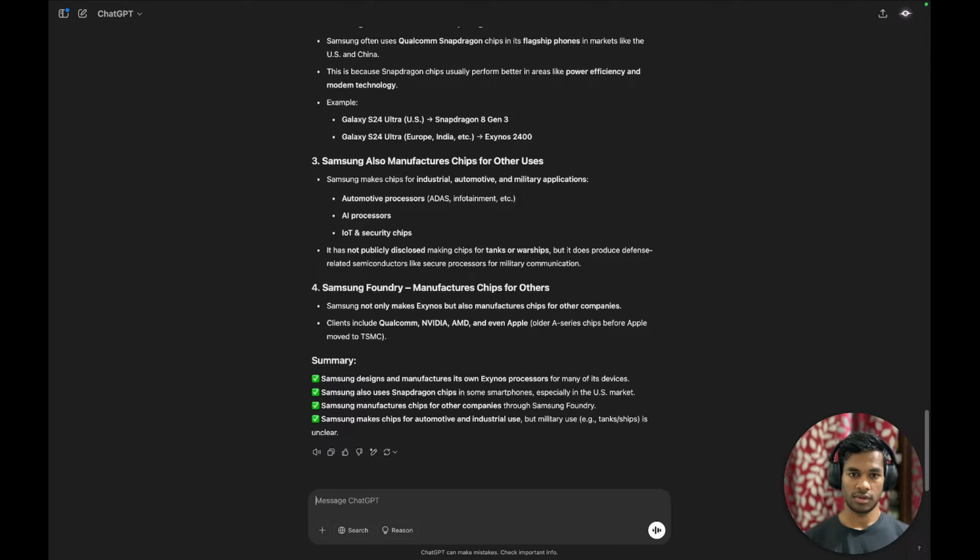So the Samsung Galaxy S24 Ultra comes with different processors based on region, even though the model is the same.